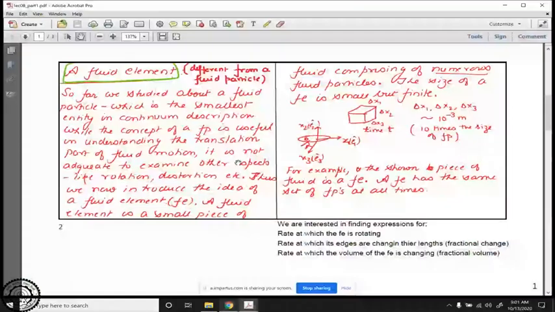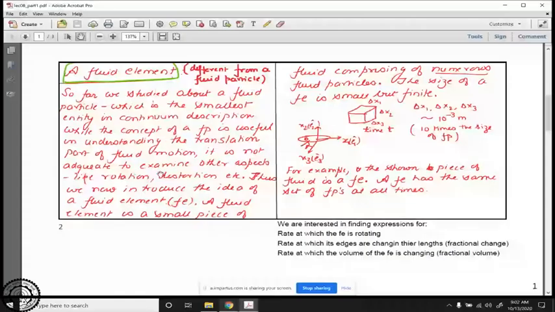So far we studied a fluid particle, which is the smallest entity in continuum description. I'm just reviewing what I covered in the last lecture, and just to have a continuation, I am reading what I had on the last slide. The concept of a fluid particle is useful in understanding the translational aspects of fluid motion.